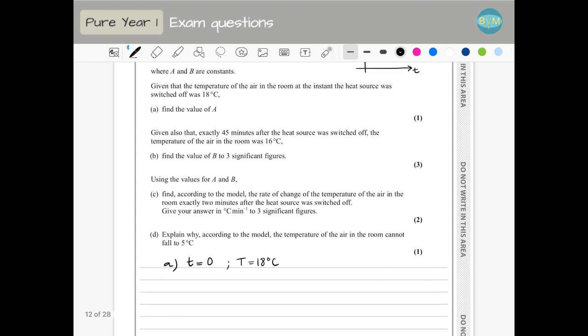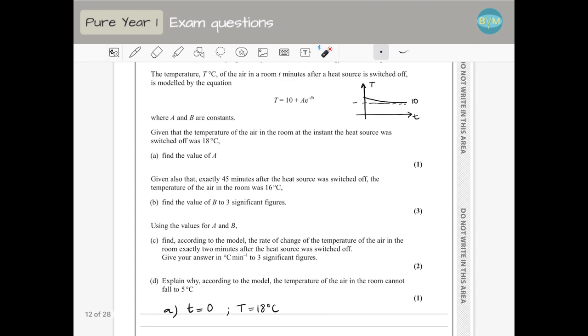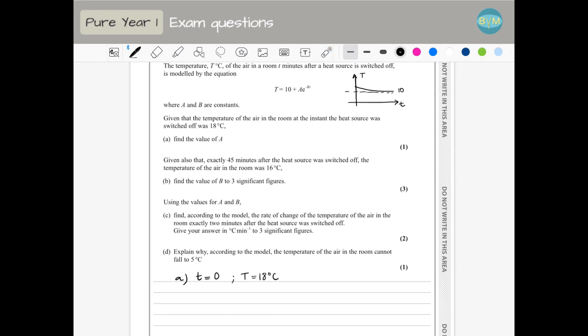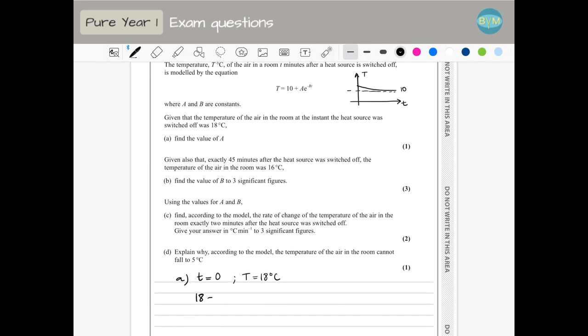So if we substitute here, we can easily find A. So 18 is equal to 10 plus A e to the power of 0 times B, so this is 1, remember, so A is going to be 18 minus 10, which is 8. A without units, because it's a constant.